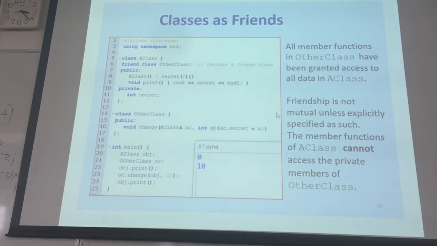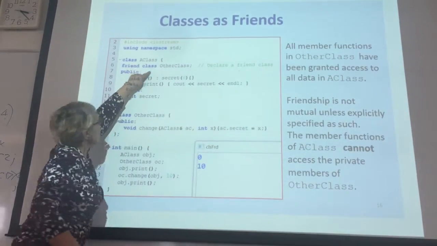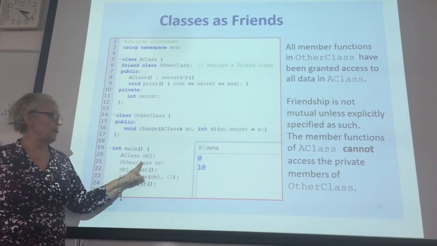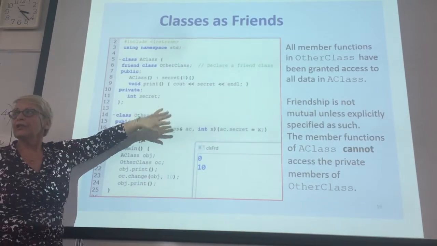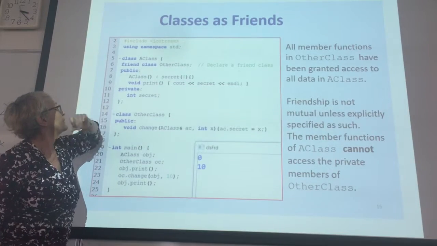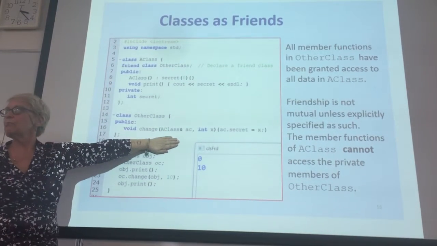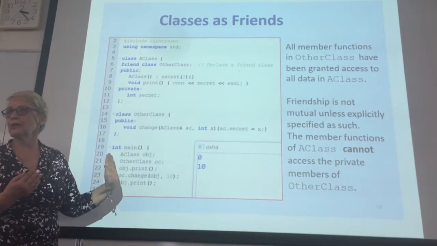Another thing is, friendship is not symmetrical. If class A says that the other class is my friend, then that other class can access everything in A, but A cannot access the private part of the other class.